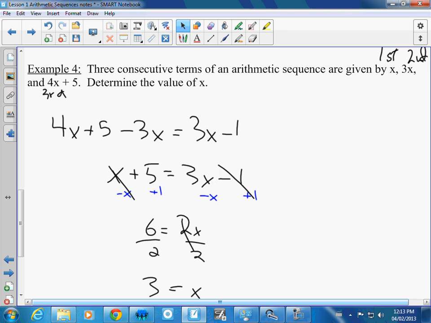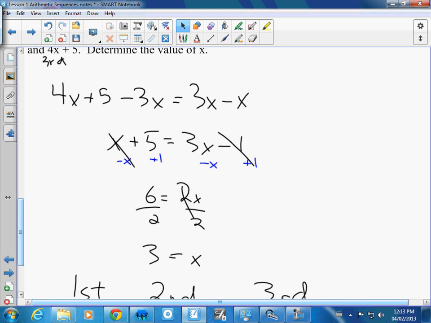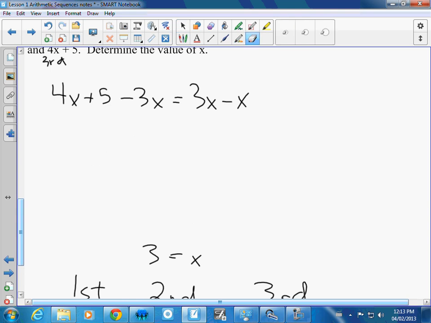Oh, my goodness. First math teacher ever. Where did I screw up? Not 3x minus 1, it's 3x minus x. Why did I put a 1 there? I know exactly why I put a 1 there. It's the first term, right? I was thinking, oh, stupid me. Okay, sorry guys. Ooh, bad mistake. Well, I did that on purpose. Do you believe that? No, I screwed it up royally. Leave me alone. All right, let's fix this.